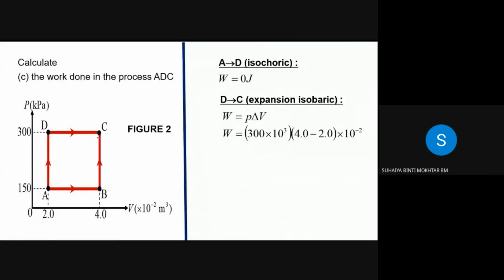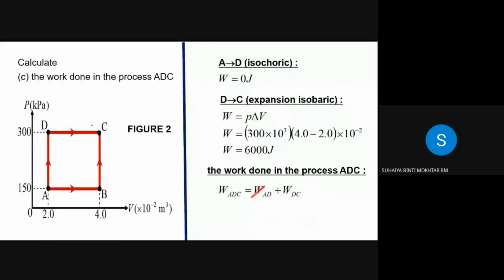So you get 6,000 joule. Then work done ADC, you get 6,000 joule, plus AD 0, so you get 6,000 joule.